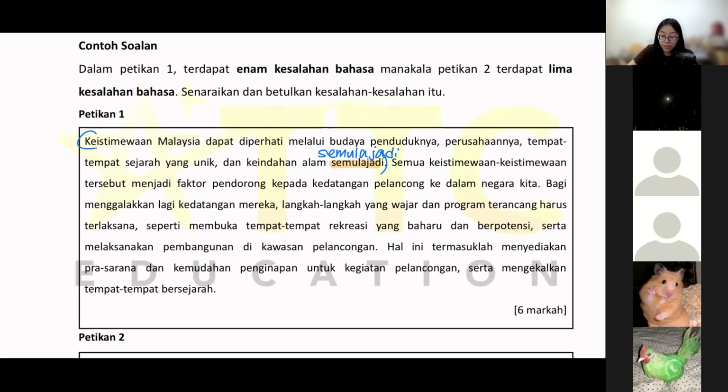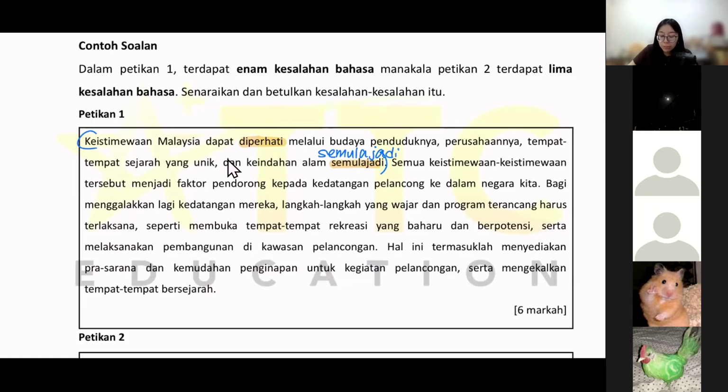Diperhati, okay, change to what? They say keistimewaan Malaysia dapat diperhati melalui budaya penduduknya. No, they are just adding on the imbuhan only. I cannot say enjoy, because I want to say observe, by through the culture of the citizens, penduduk.